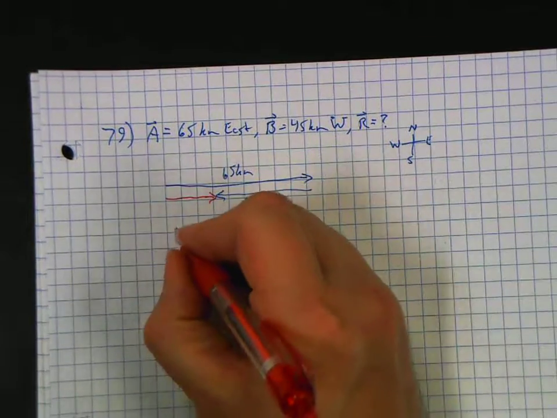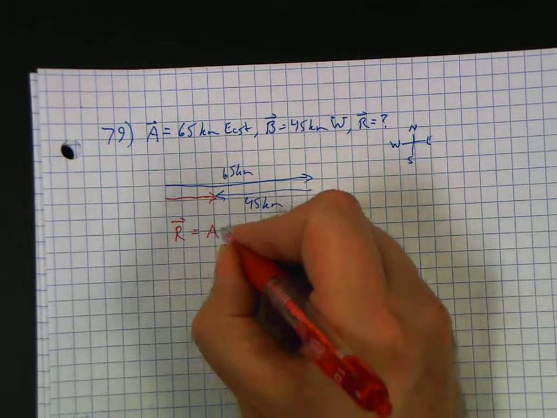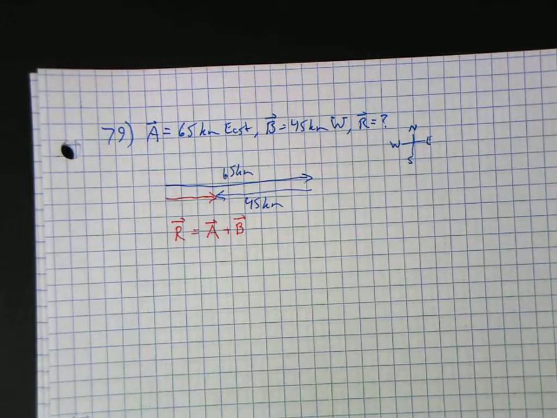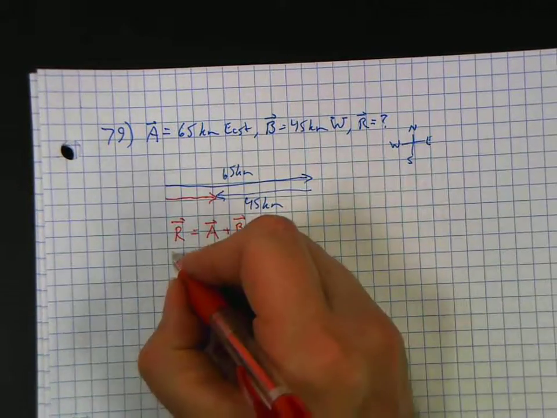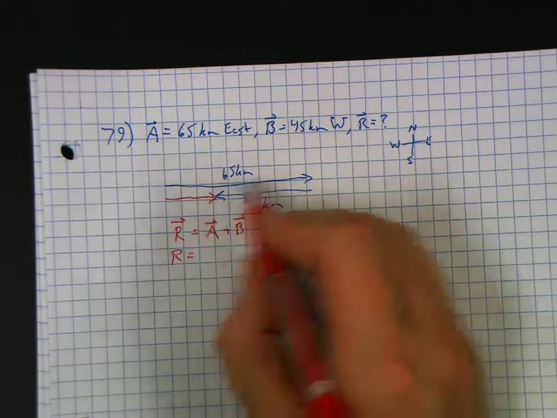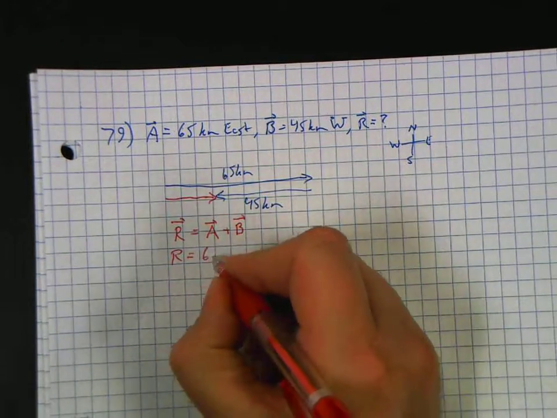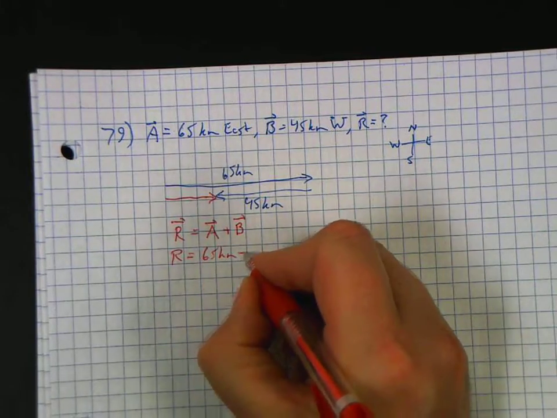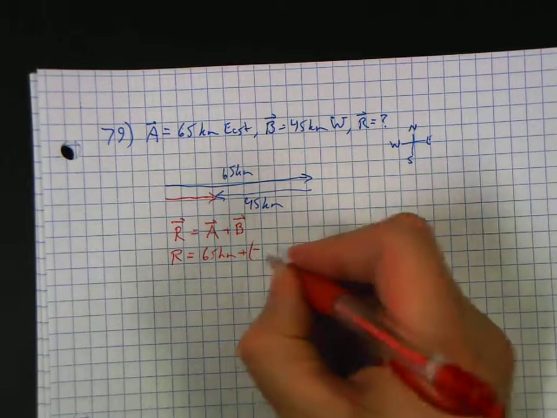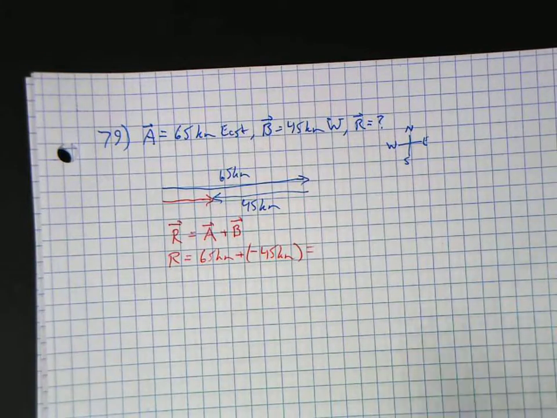So R is always equal to vector A plus vector B. In this particular case, the magnitude of R is equal to the 65 kilometers going towards the east, which we'll call positive, plus this second vector, which is going in the negative direction, so I'm going to say plus a negative 45 kilometers. I prefer that instead of just saying minus 45.